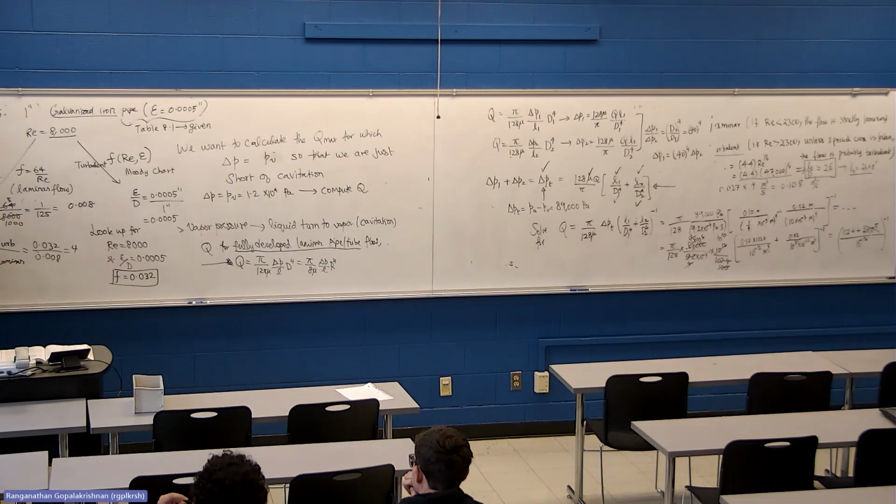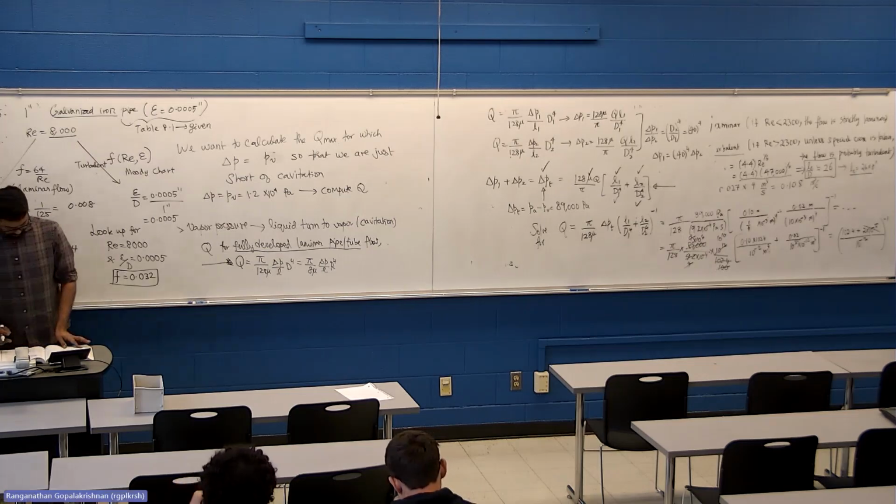Okay. If you underestimate your losses by a factor of 4, what is the implication of that for your pressure drop calculation and eventually for your pump selection? If you mistakenly pick laminar, you are underestimating the pressure drop by a factor of 4. What is pressure drop? Pressure drop is delta P equal to F times L divided by D times, what did we see last time?